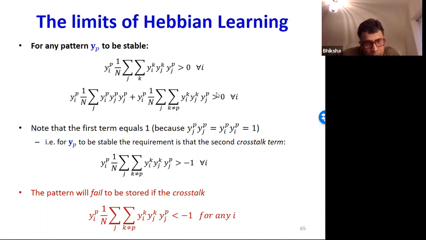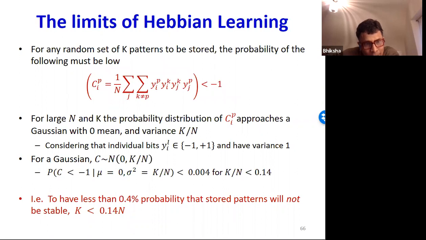You can work out the probability. What is the probability that this total energy is going to become negative? I won't work through the math. But if you assume all of the patterns are random, then you basically end up with this little probability which says that if you try to store less than 0.14 n patterns, then there's a probability of less than 0.4% that some of these patterns are not going to be stored. So this is not a great value. Think about this.